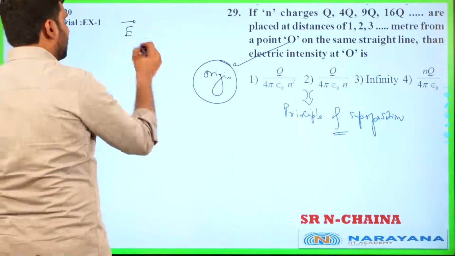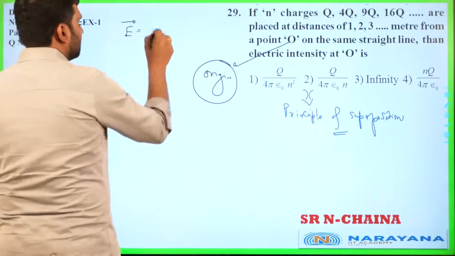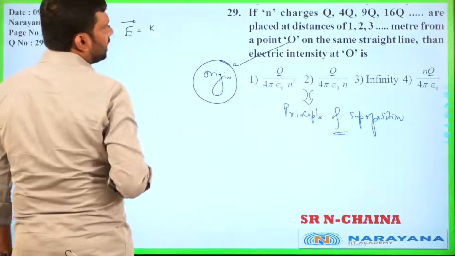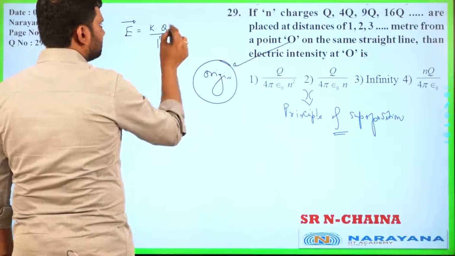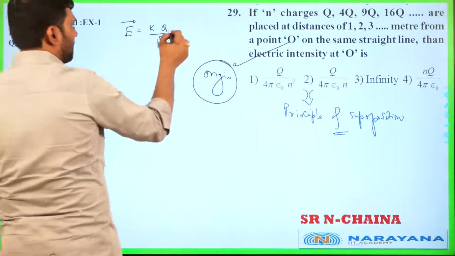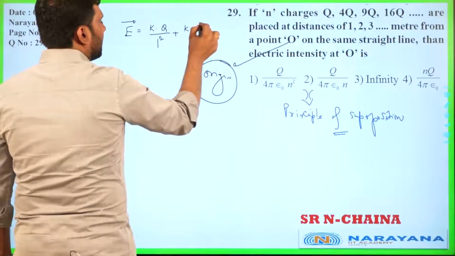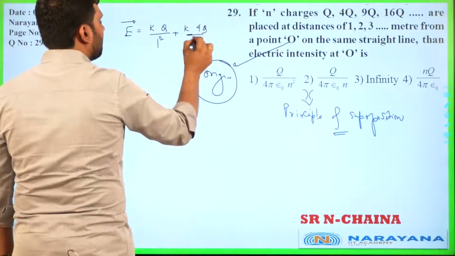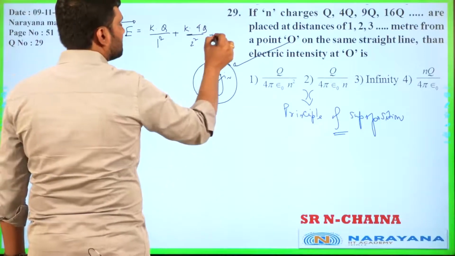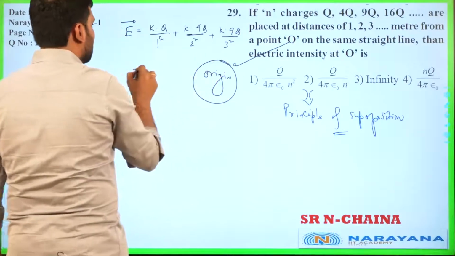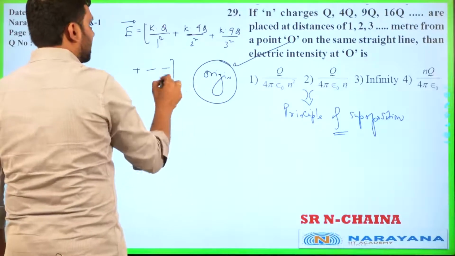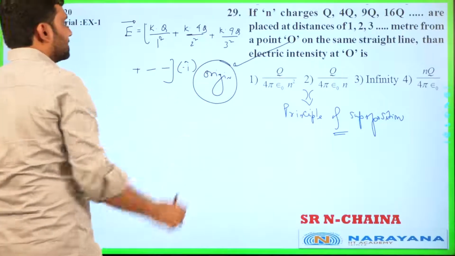So electric field vector will be equal to K into Q, capital Q, by 1 square, because direction will be negative, minus i cap only, plus K into 4Q by 2 square, plus K into 9Q by 3 square, plus dot dot dot. Direction is minus i cap.